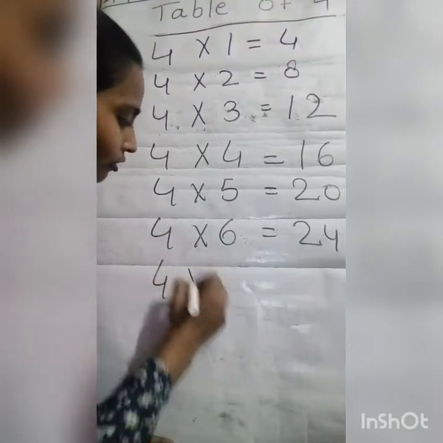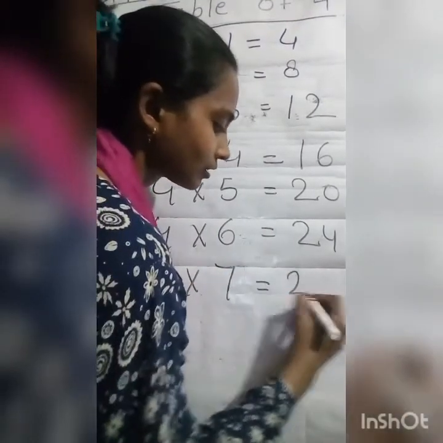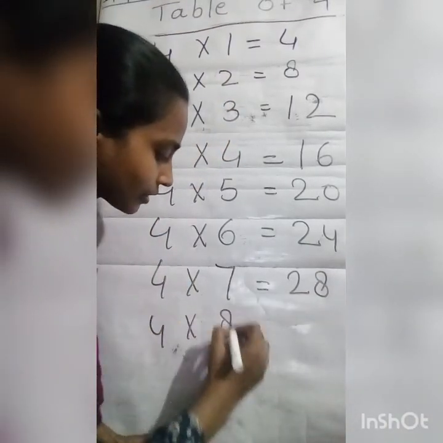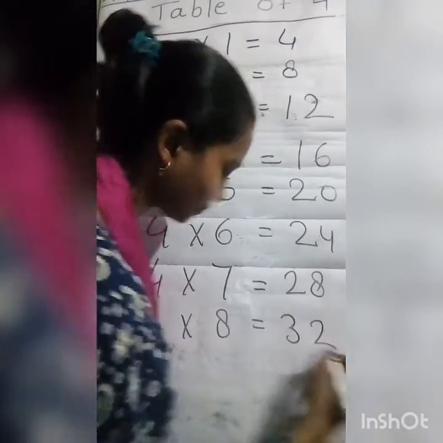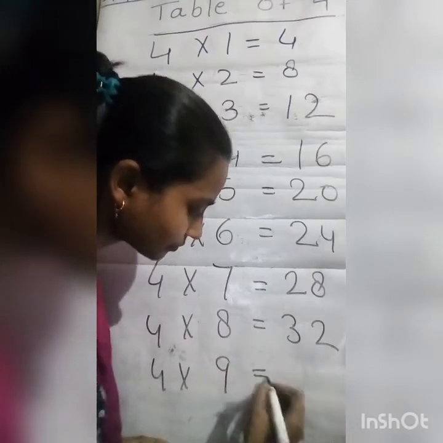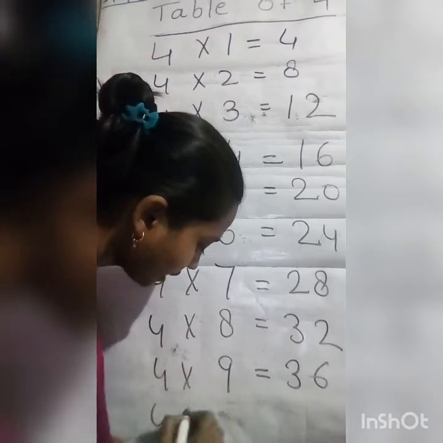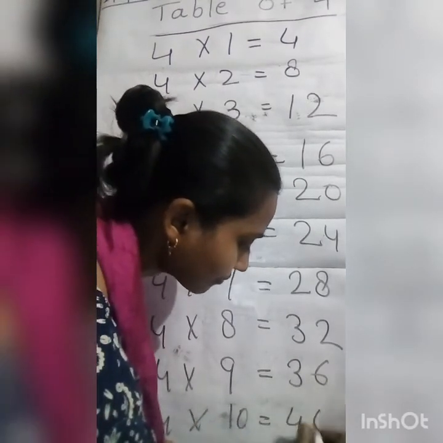Then 4 into 7, 28. Then 4 into 8, 32. Then 4 into 9, 36. Then 4 into 10 is 40.